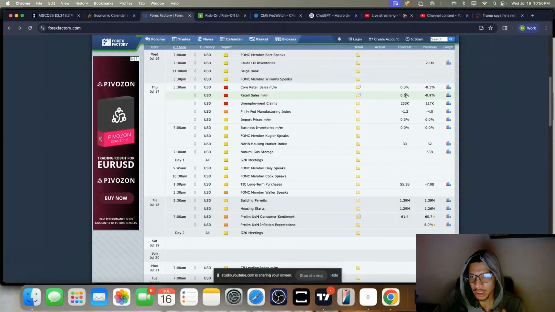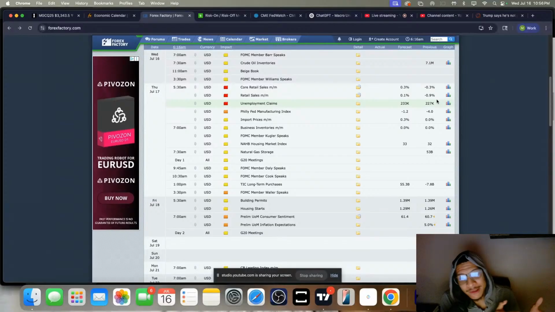Let's say this number comes out negative 0.3. That means it'll be about negative 0.4% off of the forecast. And even though negative 0.9 to negative 0.3 is still a good jump from last month, the market cares about the differential, the difference between the forecast and the actual result.